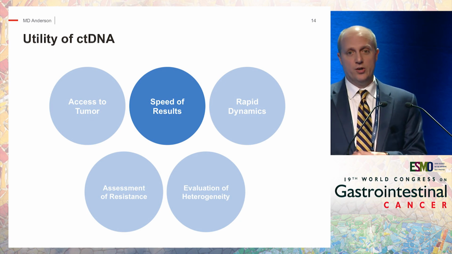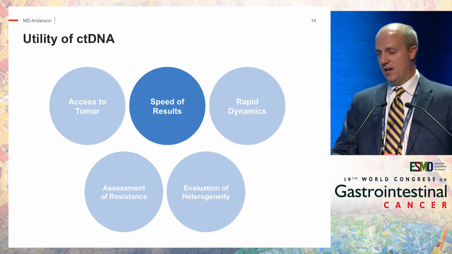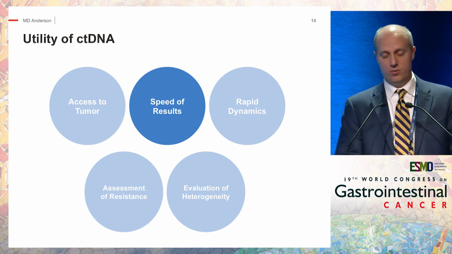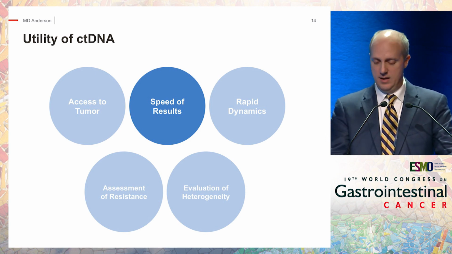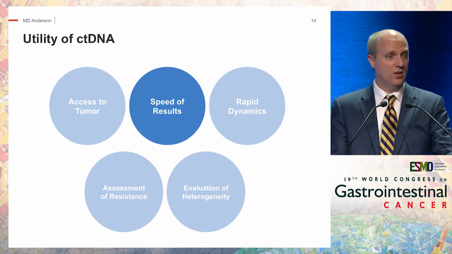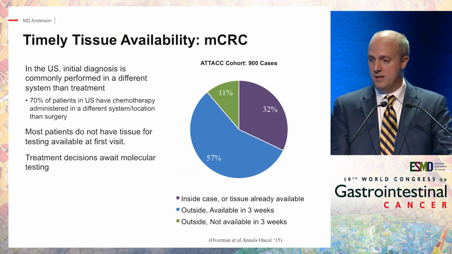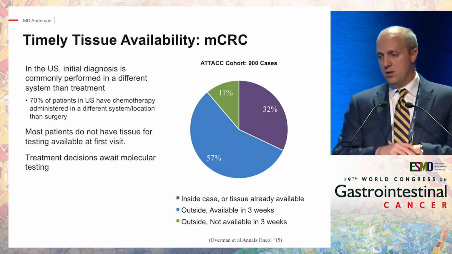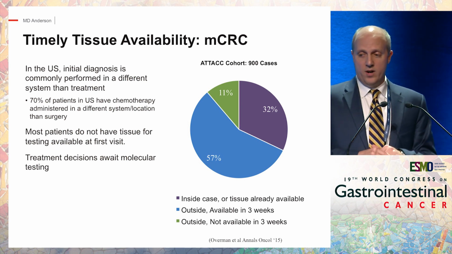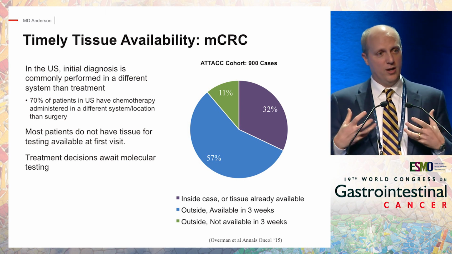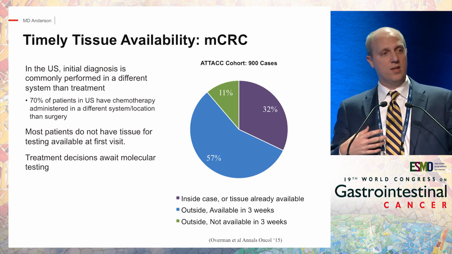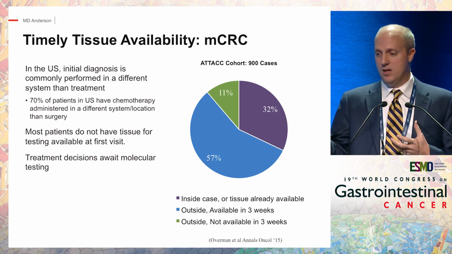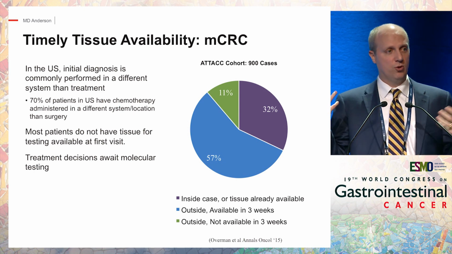Now, other utilities. Well, because the patient is right there in the clinic, one can get the sample pretty quickly and get these results back. So the question is, how can this be used for speed of result? In the US, certainly, one of the issues is a fractured healthcare system. 70% of patients get their chemotherapy administered in a different setting or location than where the surgery was done.